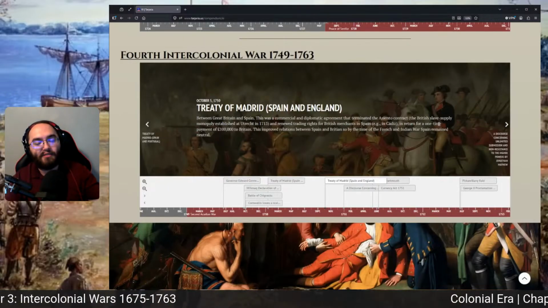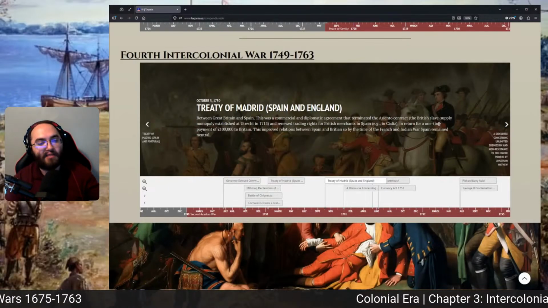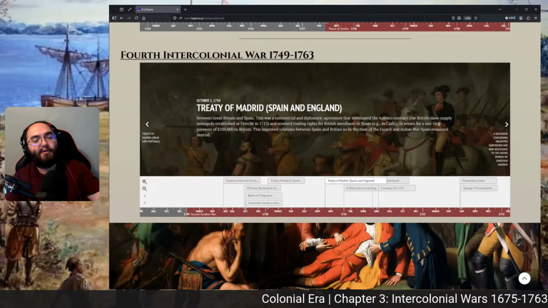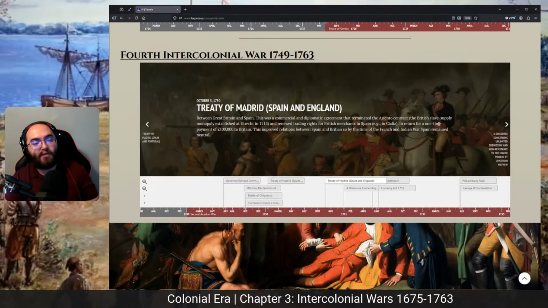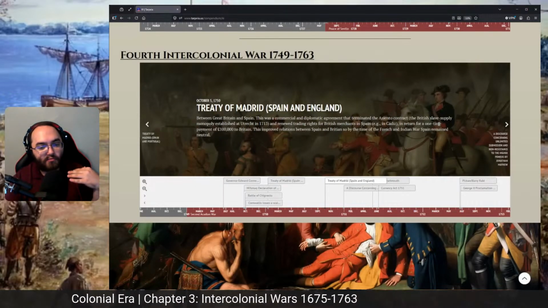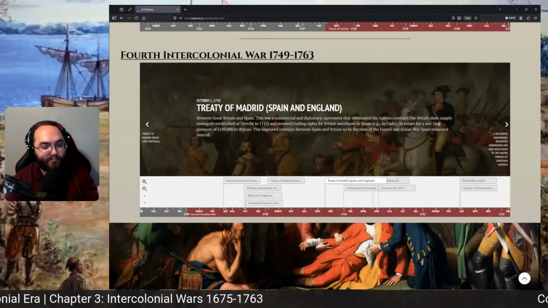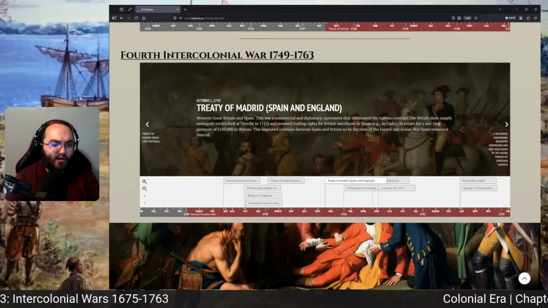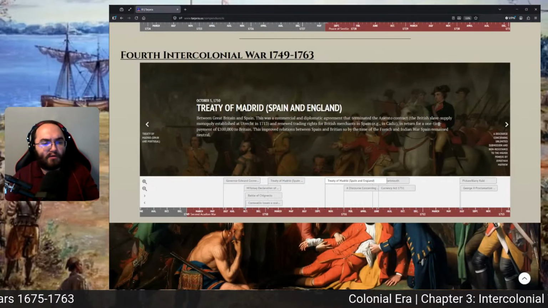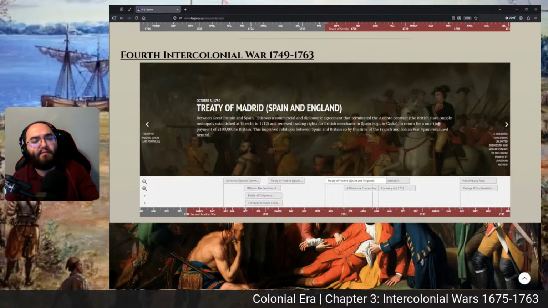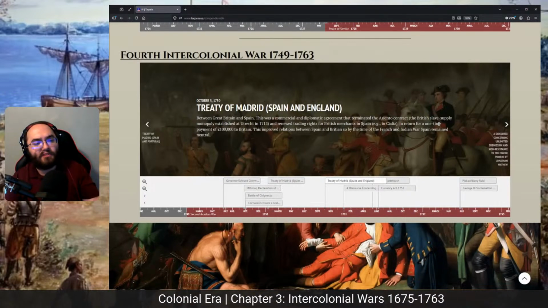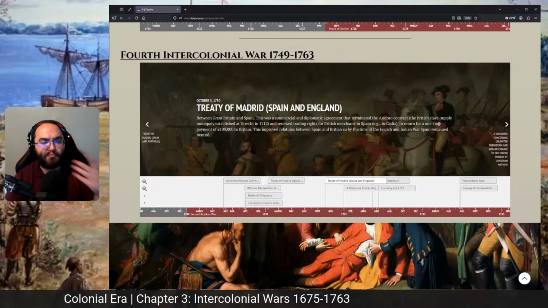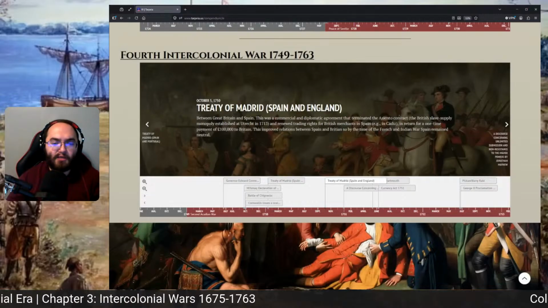Spain will be neutral in the French and Indian War and the Seven Years' War because Great Britain and Spain will have this more peaceful relationship. One, you have a pacifist on the Spanish throne, and two, they have this treaty which settles a lot of the disputes between England and Spain.